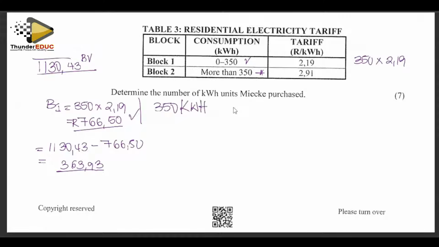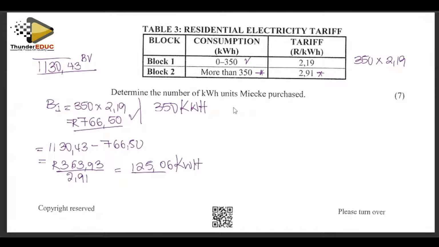So we divide by 2.91, and the answer becomes 125.06.